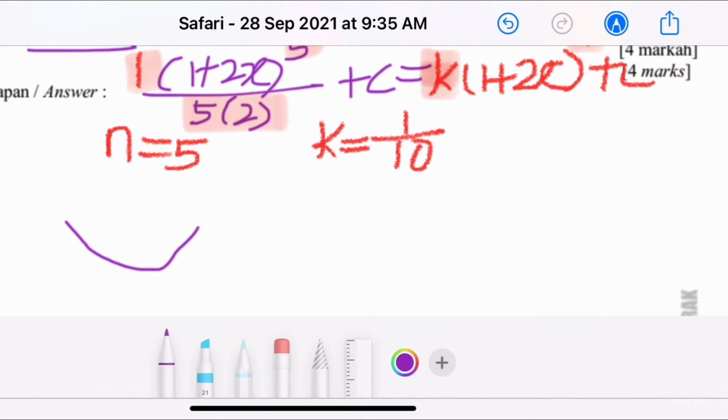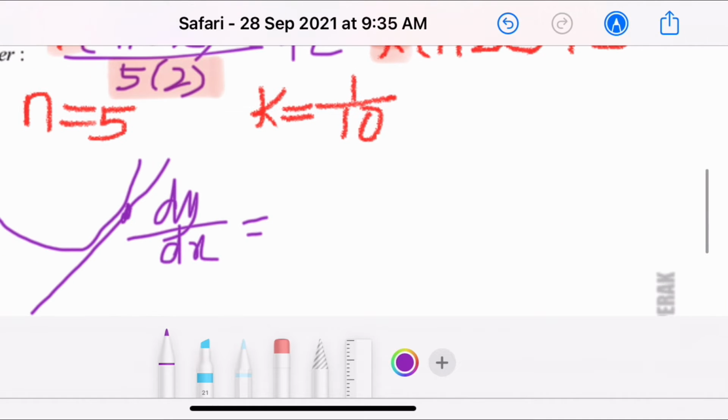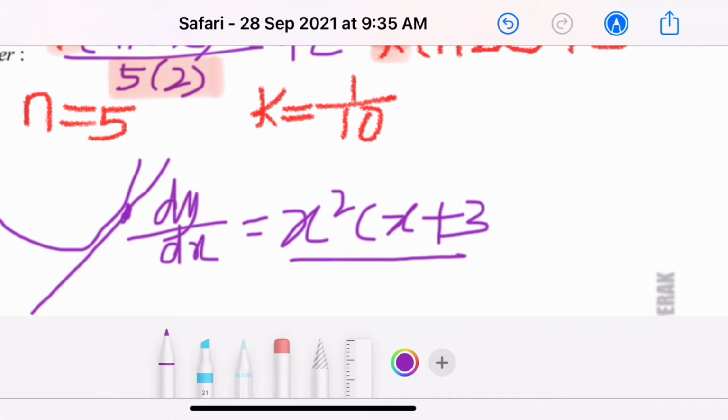Because you have the curve, and if you do dy/dx at this point, your dy/dx is in terms of the x, which is x squared (x plus 3). So it's a function, and this function depends on the value of x. If you substitute the x value, you will get the gradient at this point.